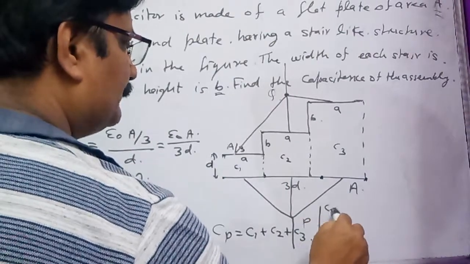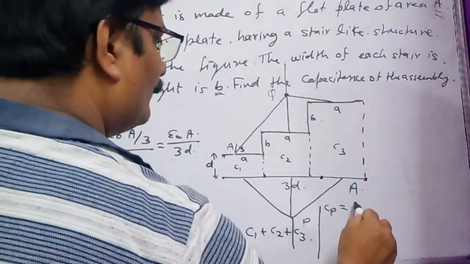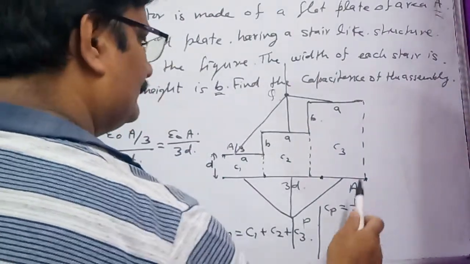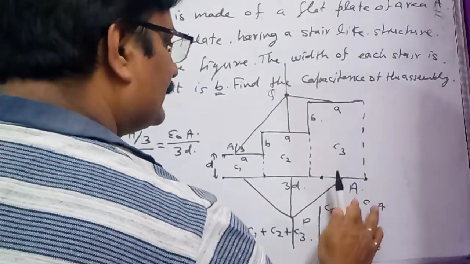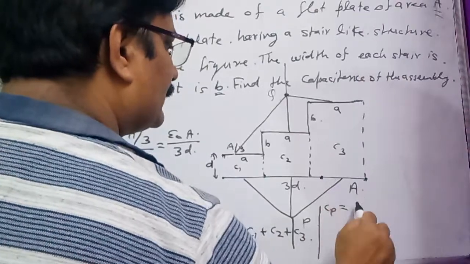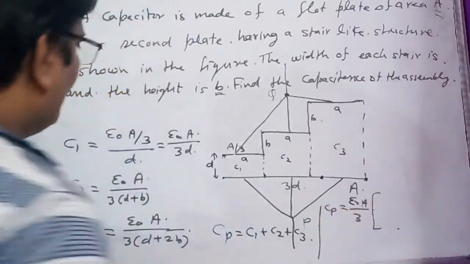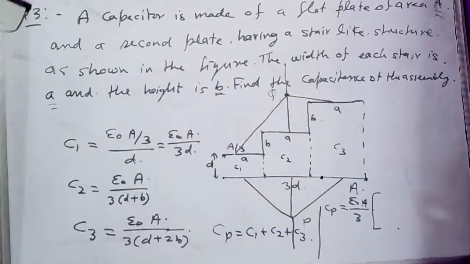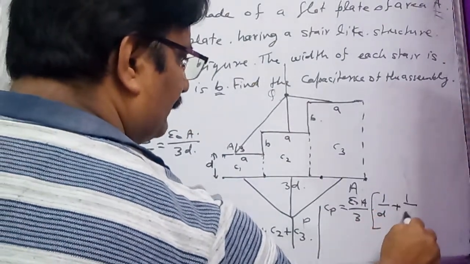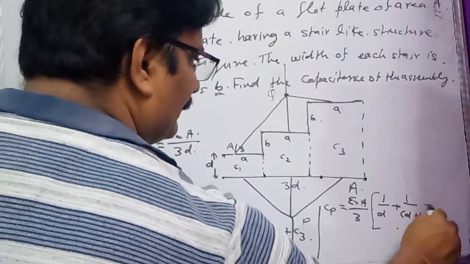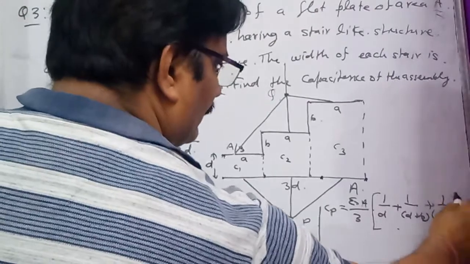What is common is epsilon naught A divided by 3, and what remains is 1 by D plus 1 by D plus B plus 1 by D plus 2B.